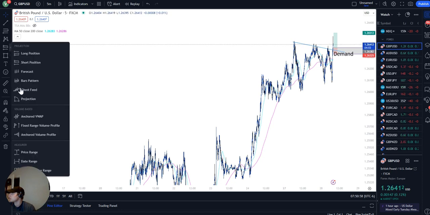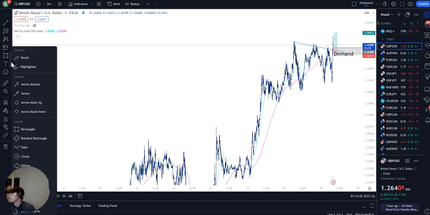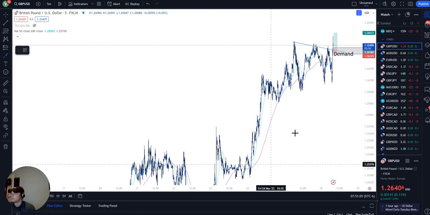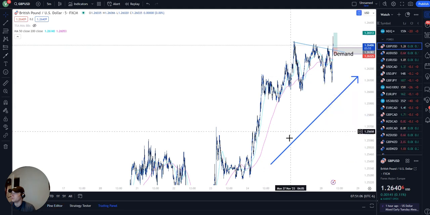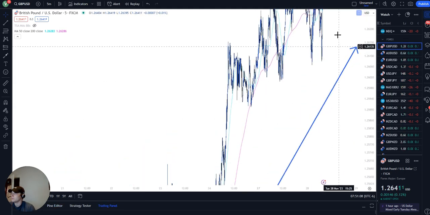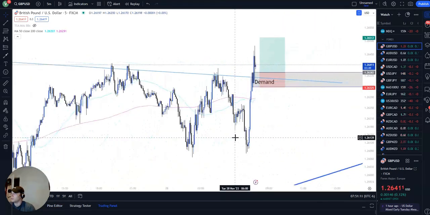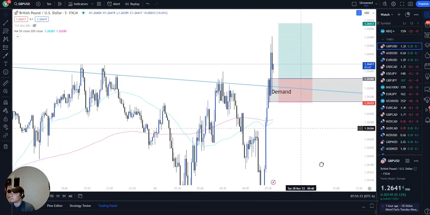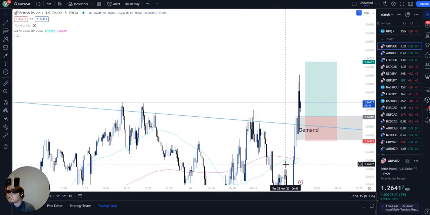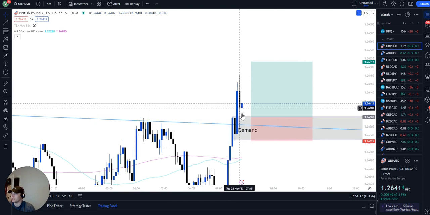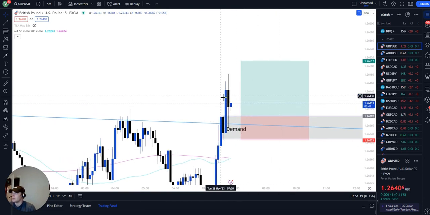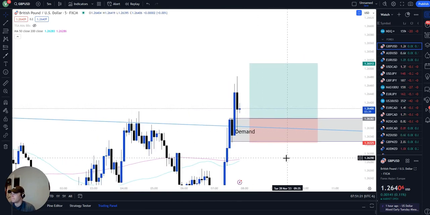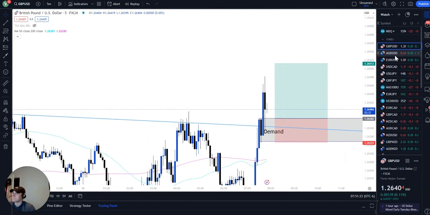What am I looking for? This keeps getting in the way. Where's my arrow? Arrow here, boom, bullish overall. So this trade does make sense off this demand, and that rejection of that demand was really good. Wicked in, immediately rejected, which I really like.